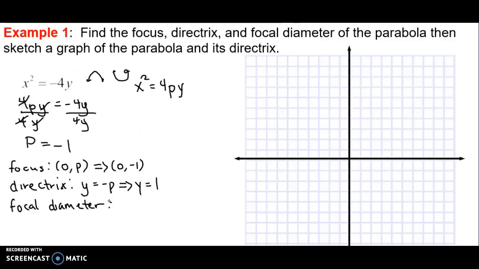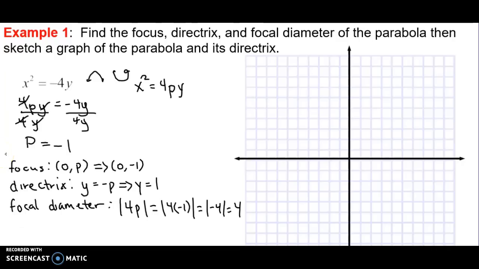So in order to find your focal diameter, you have to look at the absolute value of 4p. Well, we know that p is -1, so I have 4 times -1, which equals the absolute value of -4. The absolute value of -4 is +4. So that means my focal diameter is 4.